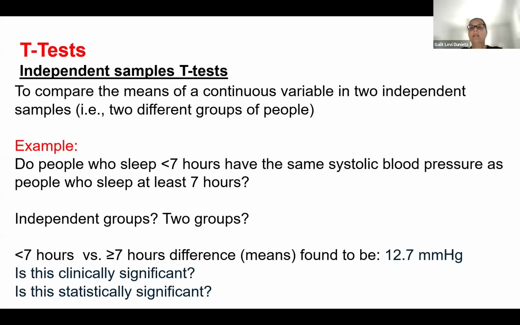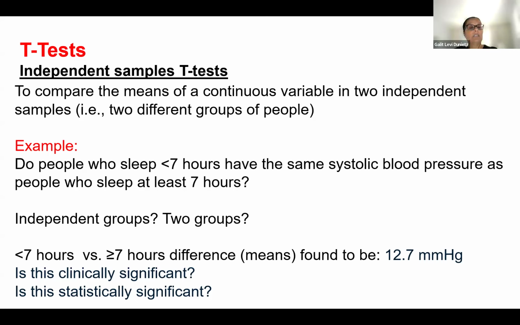An example is blood pressure: we want to compare whether people who sleep less than 7 hours have the same systolic blood pressure as people who sleep at least 7 hours. So we calculate the mean blood pressure for the short sleepers and compare it to the mean blood pressure of those who sleep at least 7 hours.